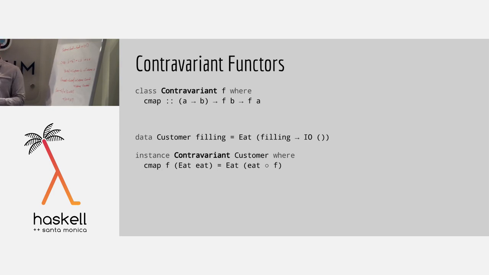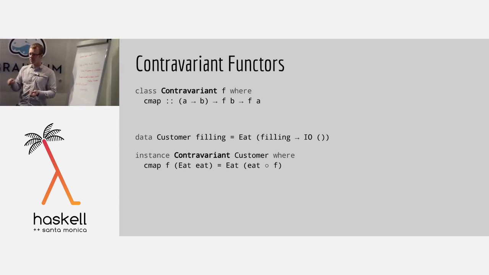But it's contravariant in its argument, because if I have a function from A to B, I need an A and I have to map this way. I have to have a Z to an A to a B, then I can get a Z to a B. So it maps the other way.